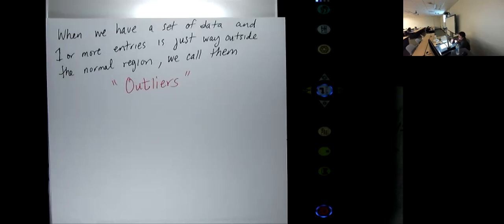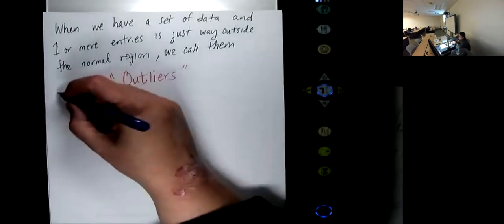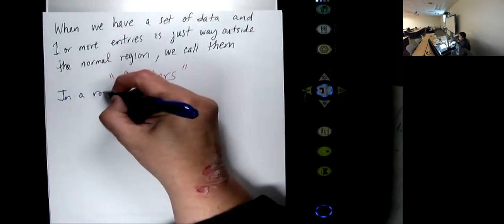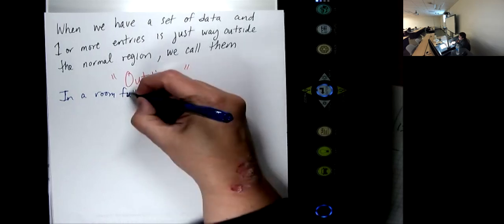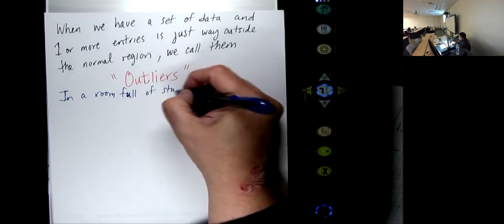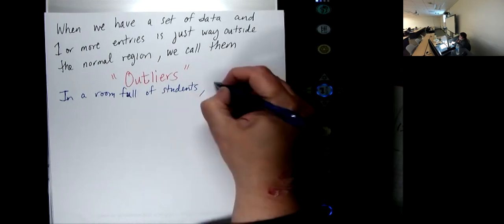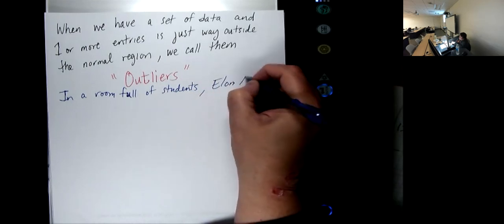Now, in a room full of students, Elon Musk is an outlier for income.